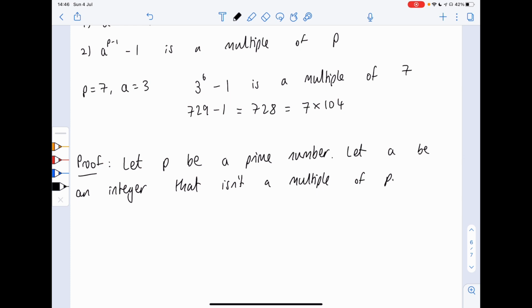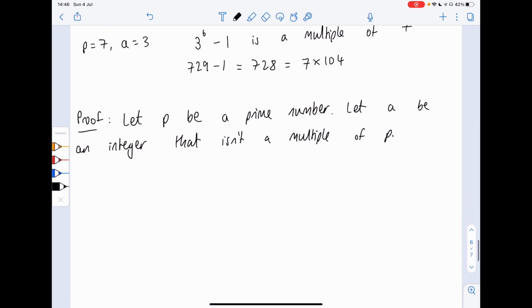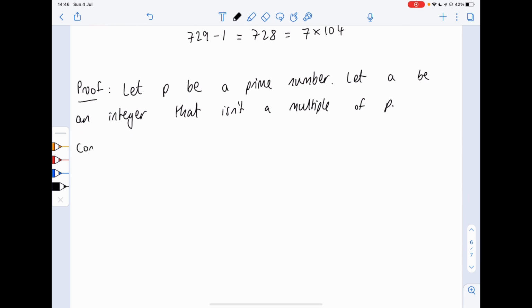Okay, so we're going to consider this list. So the first number on our list is going to be a. The second number on our list is going to be 2 times a. Then we're going to have 3 times a, 4 times a, dot, dot, dot. And then the last number on our list is going to be p minus 1 times a.